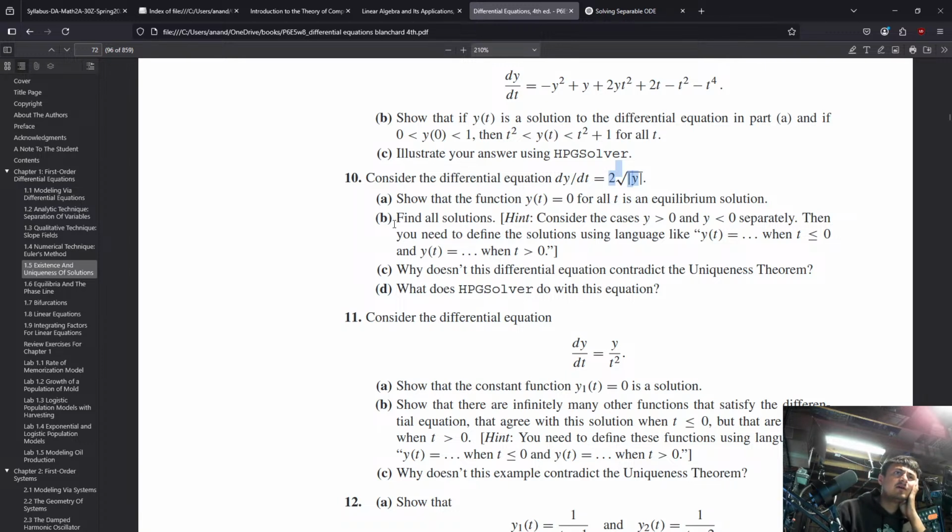Now, B, find all solutions. The square root of a positive number can be negative.